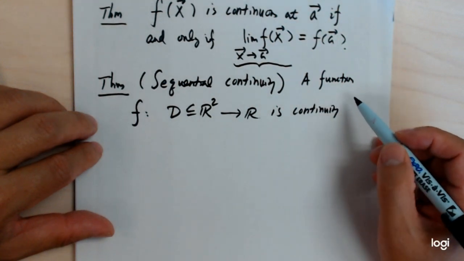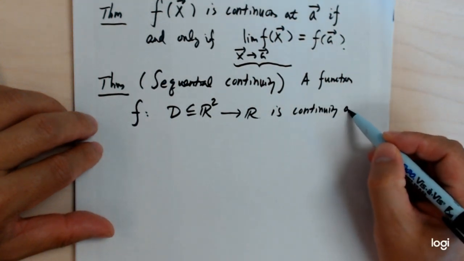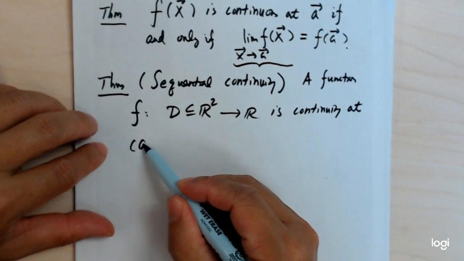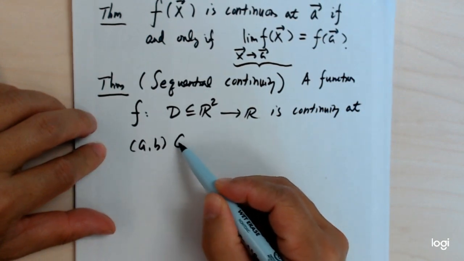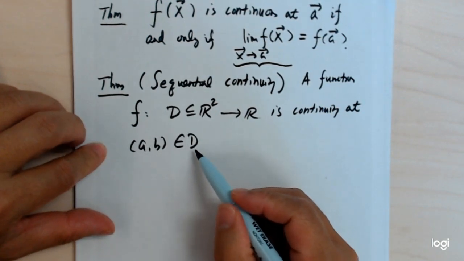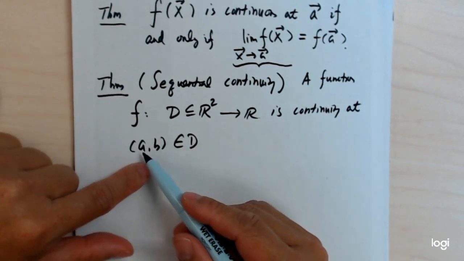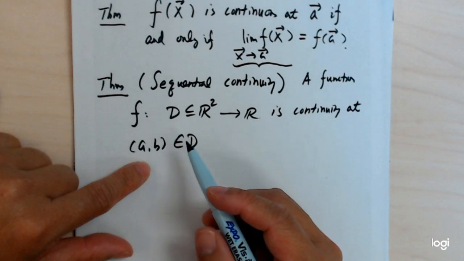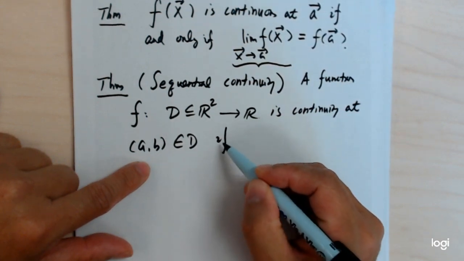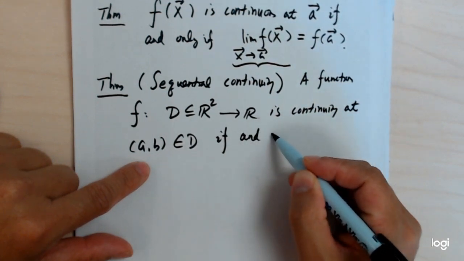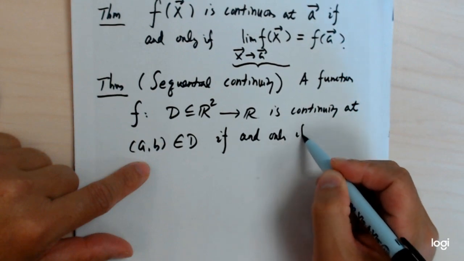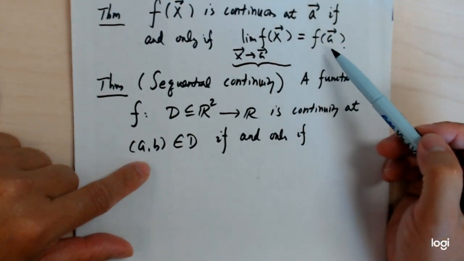It is continuous at a point in D, so this point in D is really a point in R2, if and only if the limit of this equals f of a.